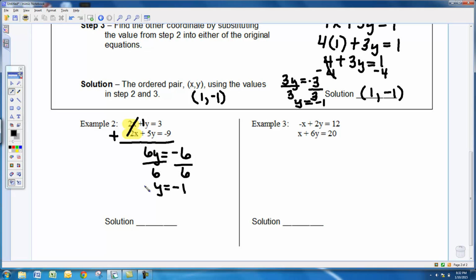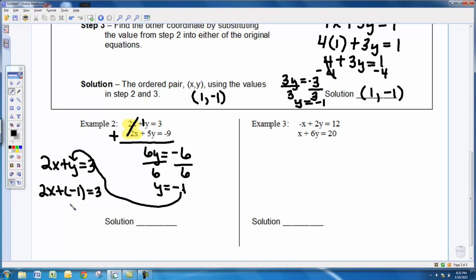Now that we know y, we can find x by plugging y into one of the equations. I'm going to choose the first equation. You can use either one. So y equals negative 1, so we're going to bring that up here and plug it in for y. 2x plus negative 1 equals 3.